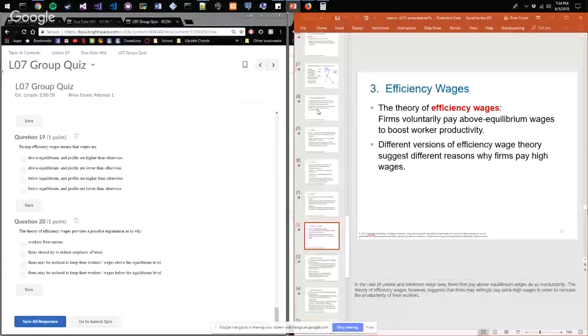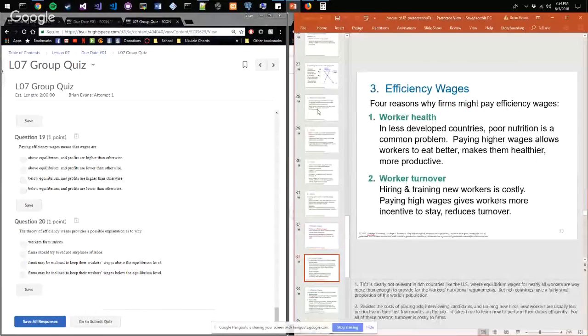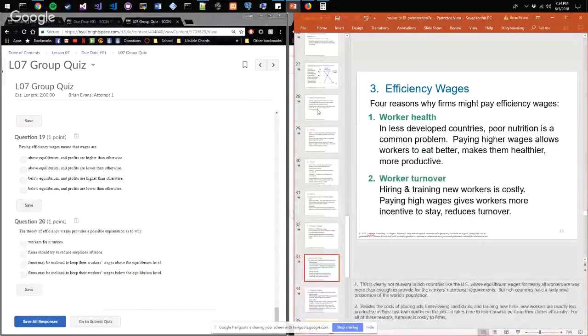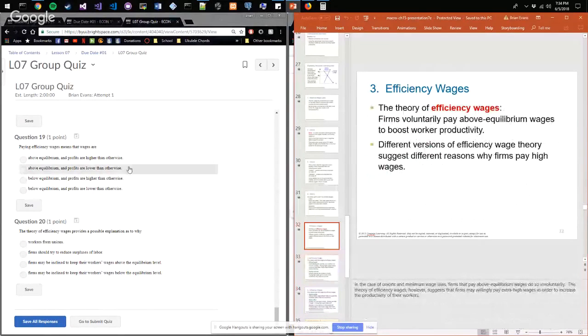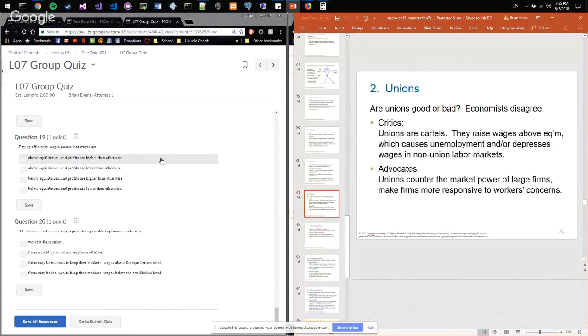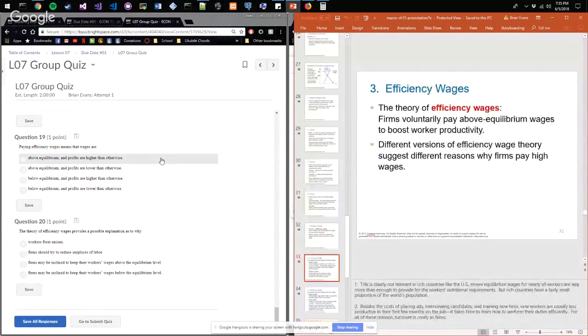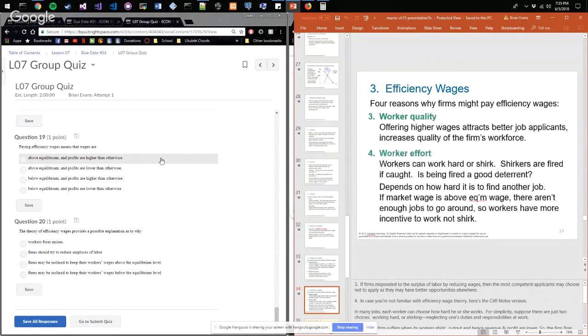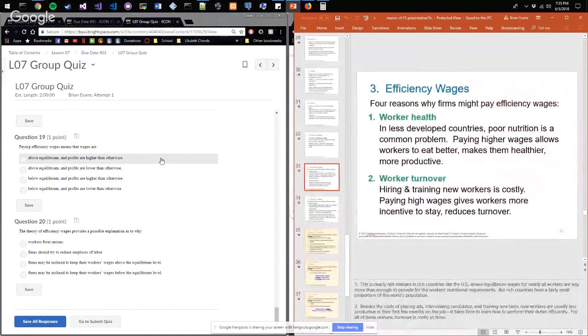So efficiency wages would cause a bit of unemployment, but it means that wages are above the equilibrium and profits would be higher than otherwise. Or maybe lower, I'm not sure. It'd be better off for the workers. Yeah.